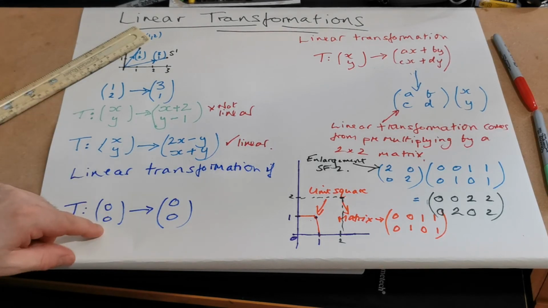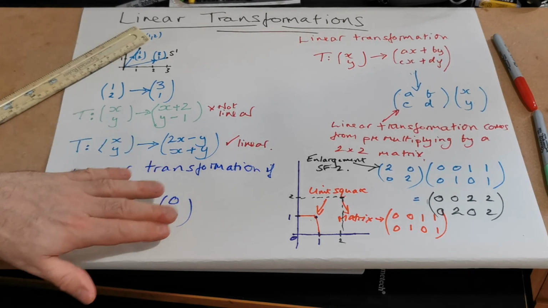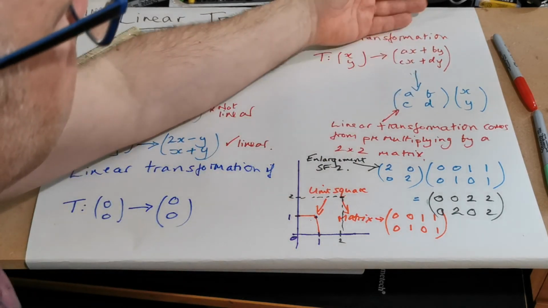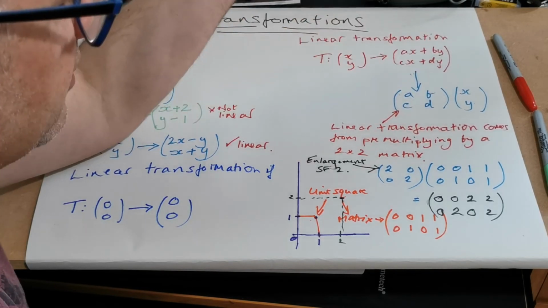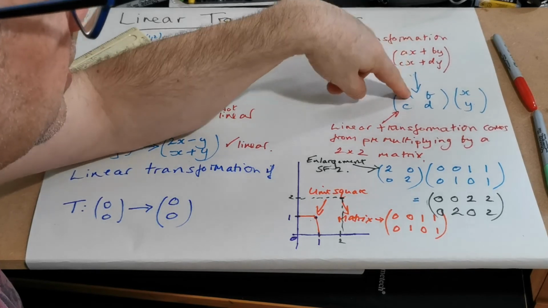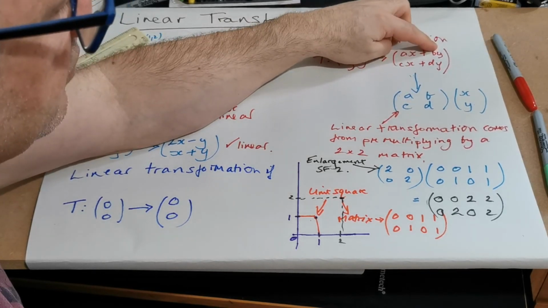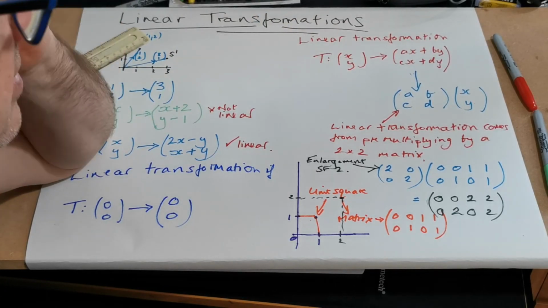A linear transformation would be one that would put the origin to itself, and it can usually be written in the form ax plus by and cx plus dy. Now some of them may be 0, so if a was 0, for example, in here, you might just have 2y if b was 2. So you just have to take that into account.